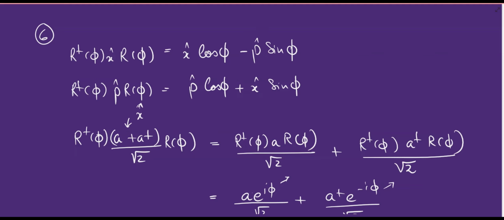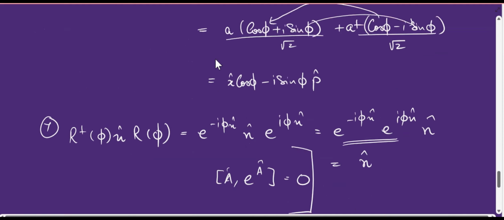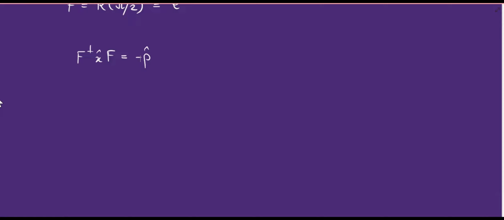So this becomes equal to minus p cap, and that is what we see here. In the same way, F dagger p cap F will give us x cap. So this is like a Fourier transform of the conjugate variables, and that is why this is called the Fourier gate.